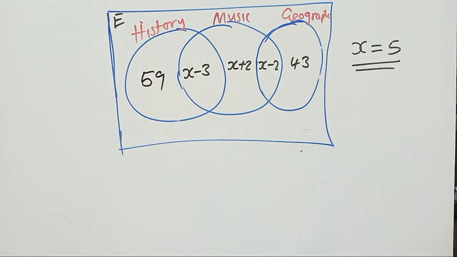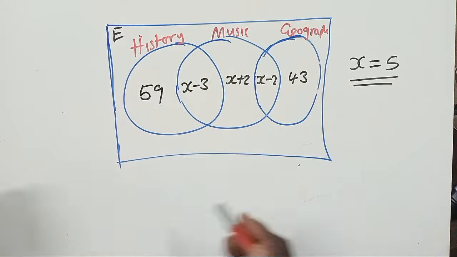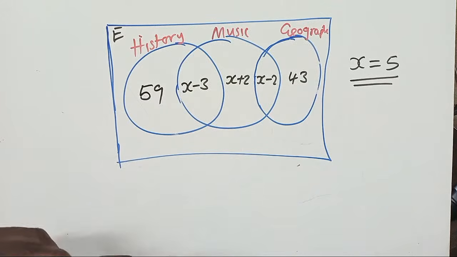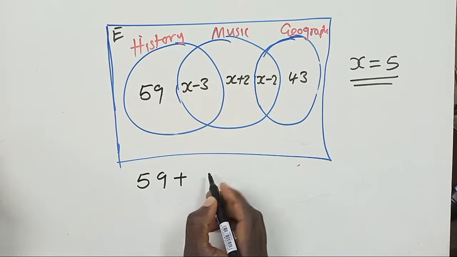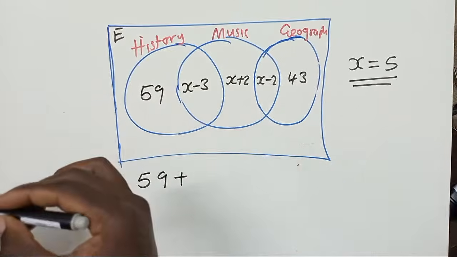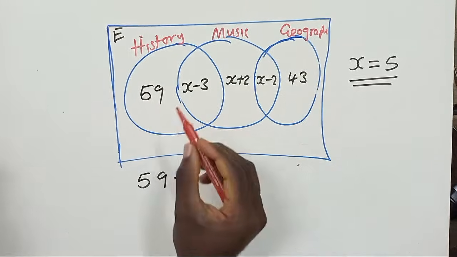The next question says, how many learners were in grade 10 this particular year? So for how many learners, we'll just add everything. We know the value of x here is 5.